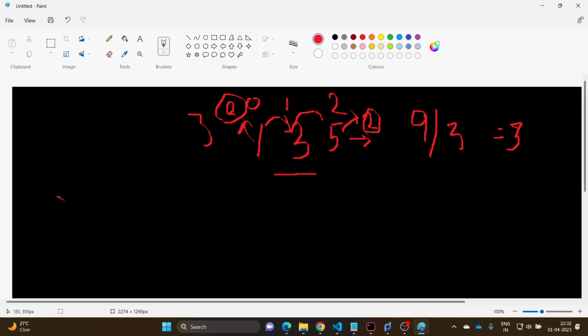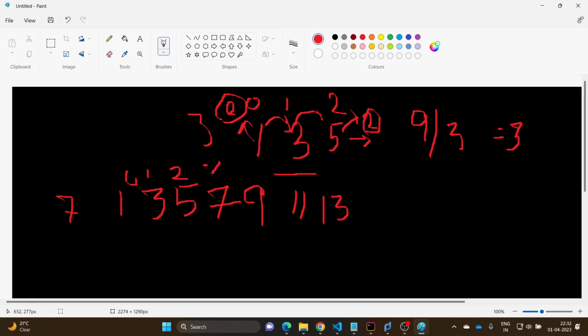Let's say n is 7. Then our numbers will be 1, 3, 5, 7, 9, 11, 13, at indices 0, 1, 2, 3, 4, 5 and 6.